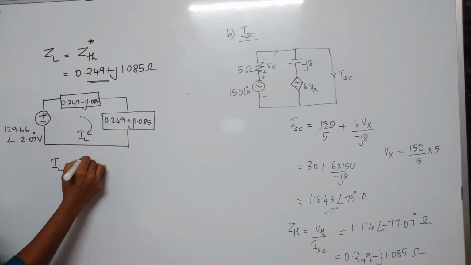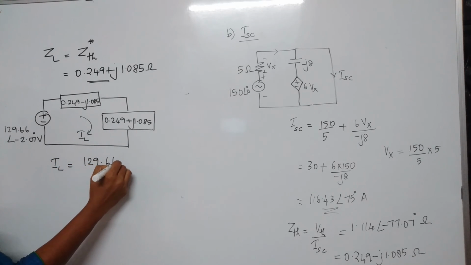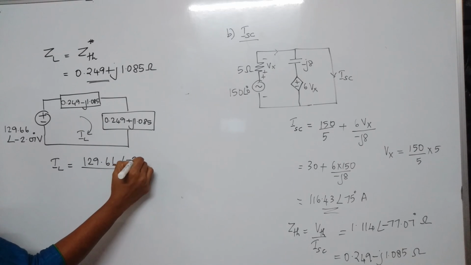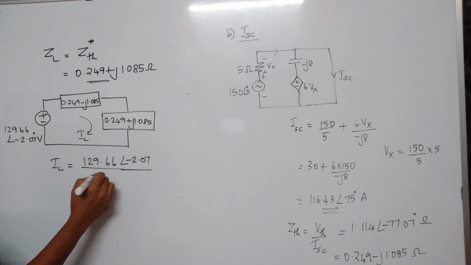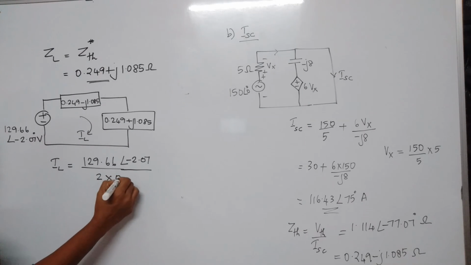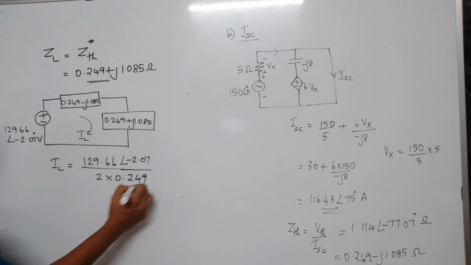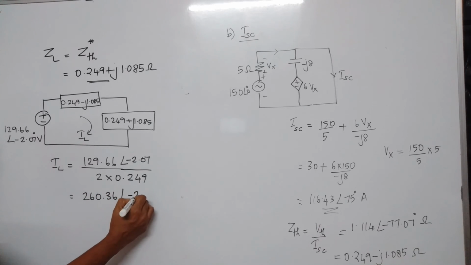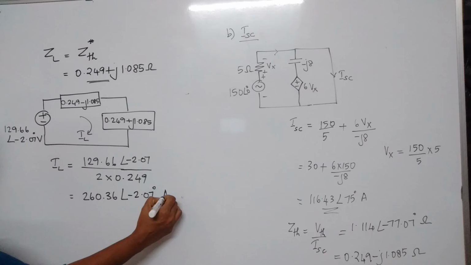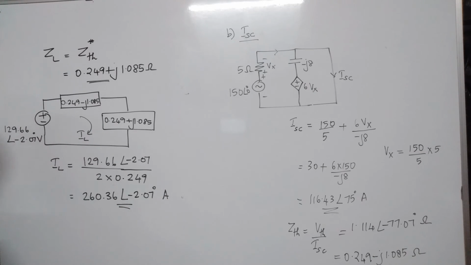IL is equal to 129.66 angle minus 2.07 divided by the sum, which will be 2 into 0.249. We will get the current as 260.36 angle minus 2 ampere. Now from there we can write down P max.